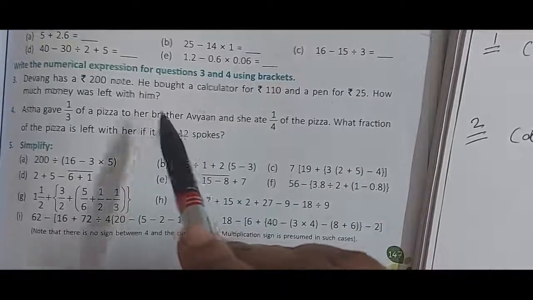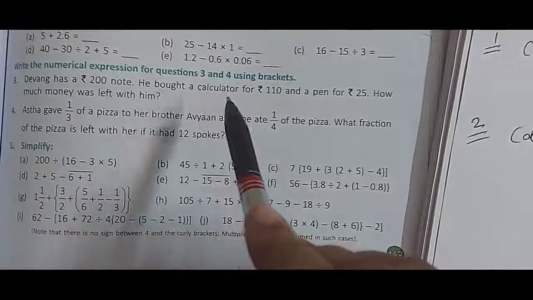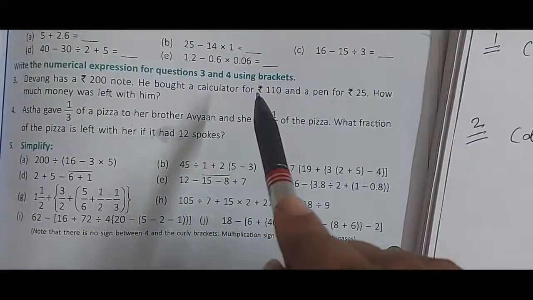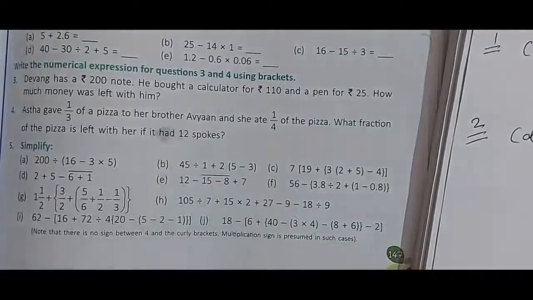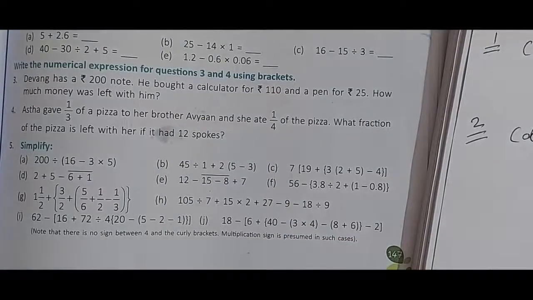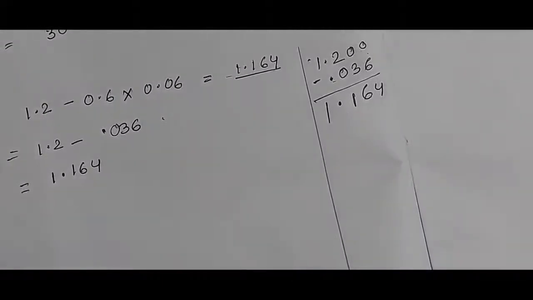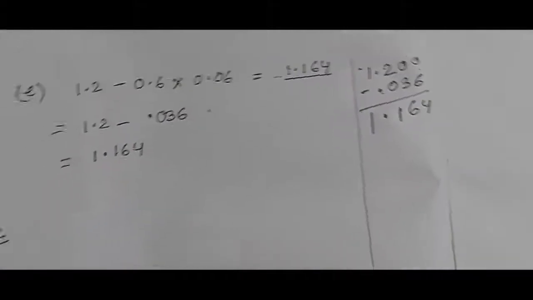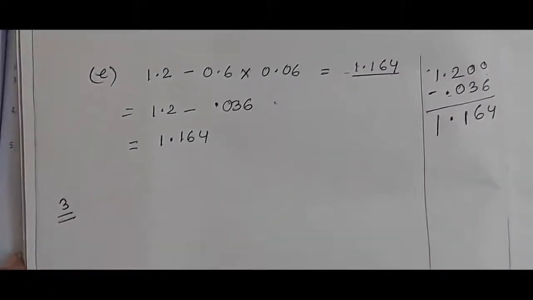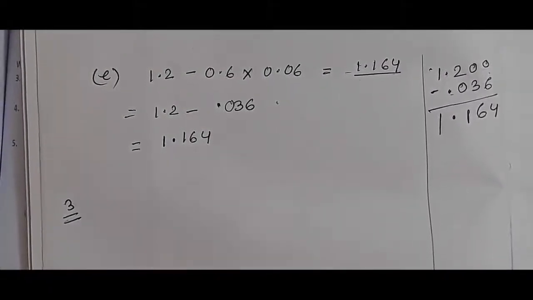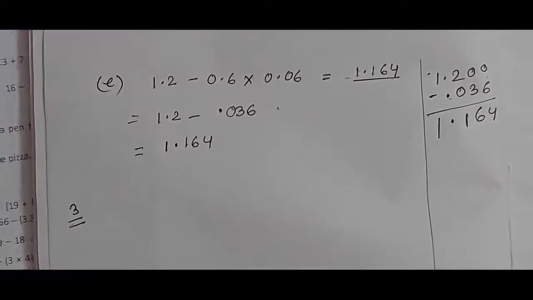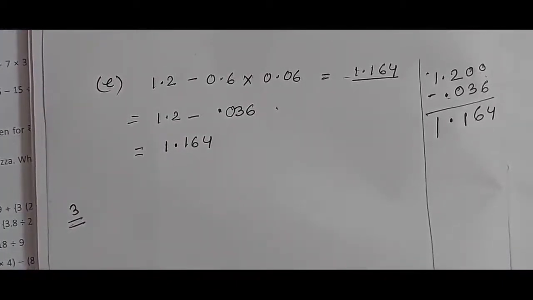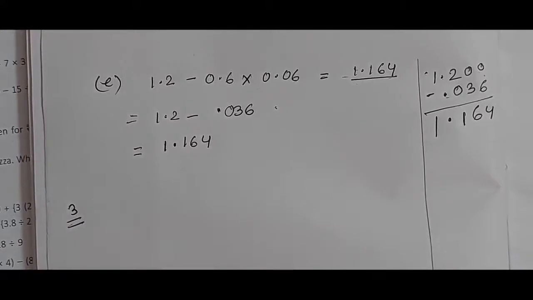So it is telling, write the numerical expression for questions 3 and 4 using brackets. So when we are solving this question, first of all we have to look at the expenditures. Expenditures are what?